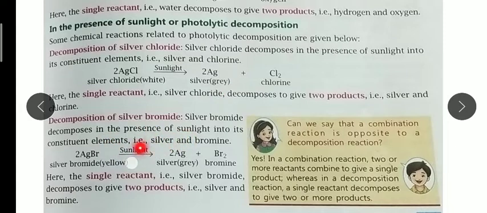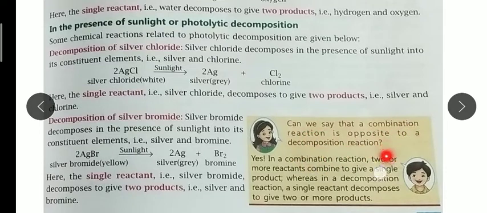In the same way, the decomposition of silver bromide, AgBr, which is yellow in color. In the presence of sunlight, this silver bromide also decomposes into silver and bromine. So chlorine and bromine are gases. Now, can we say that a decomposition reaction is the opposite of a combination reaction?